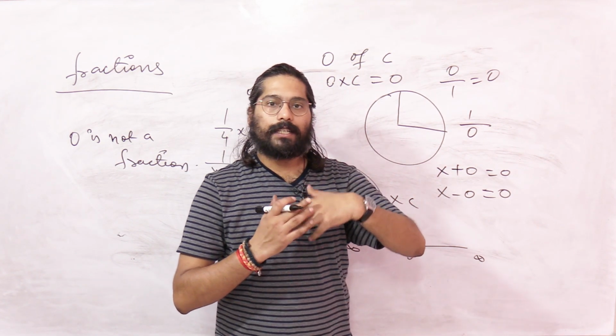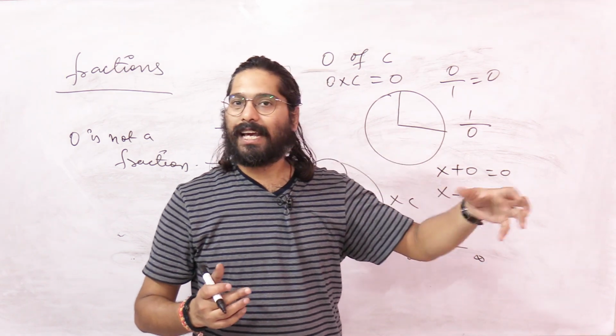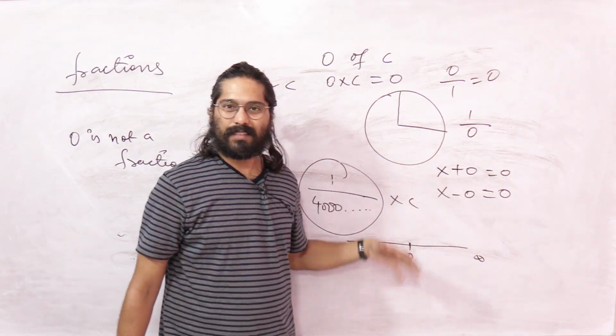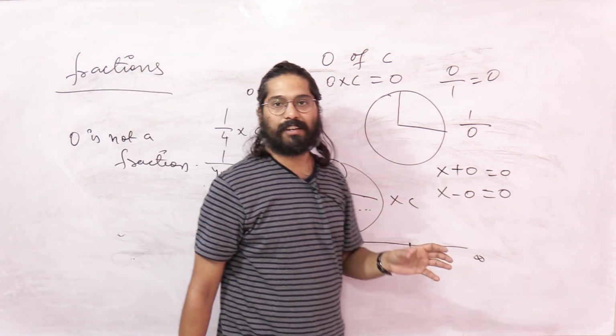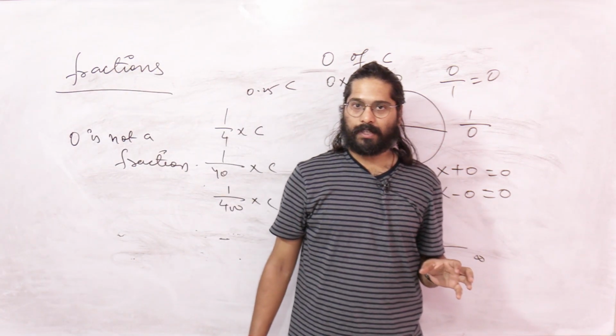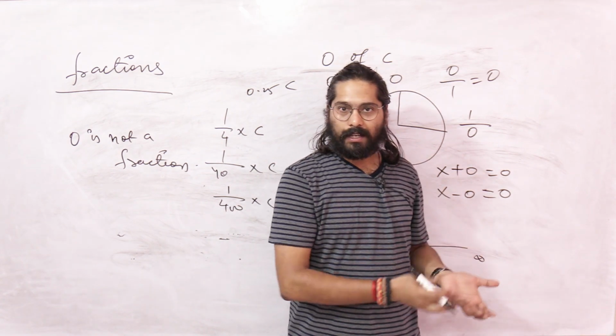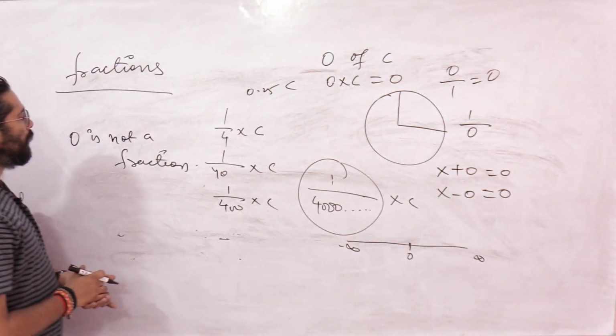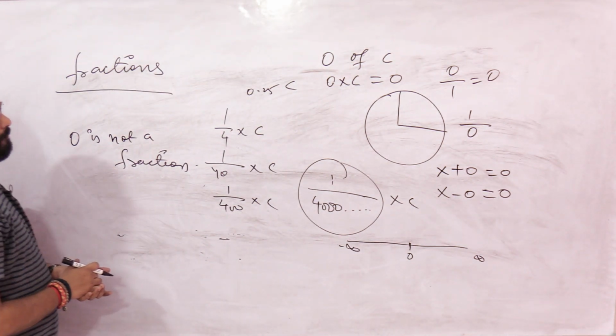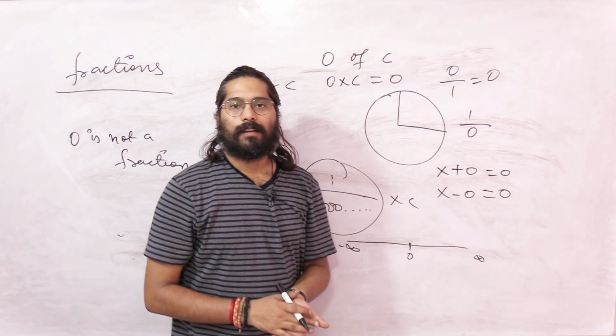Despite being an integer, 0 has some qualities attached to it, and hence these are some of the reasons why 0 should not be a fraction. You should not consider 0 as a fraction. This is my point of view regarding 0. Okay, so I hope you understand why 0 is not a fraction. Thank you.